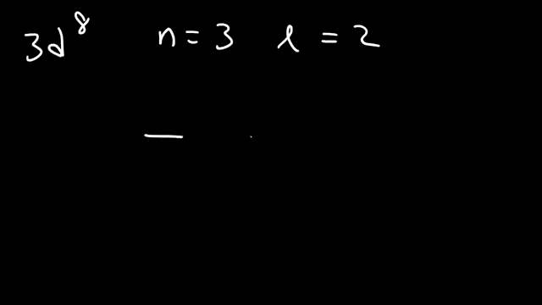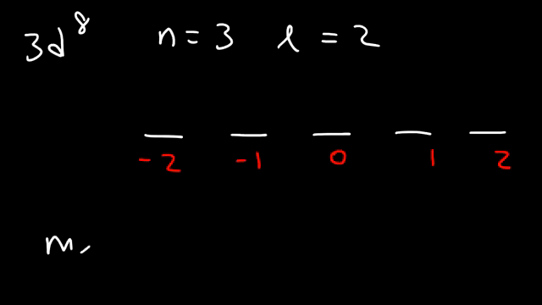Now we know that d has 5 orbitals, and so the ml values will range from -2 to 2. Now we need to find the location of the 8 electron. The location will tell us the ml value and also the ms value. Now ms will always be either +0.5 or -0.5, which I'll explain shortly.